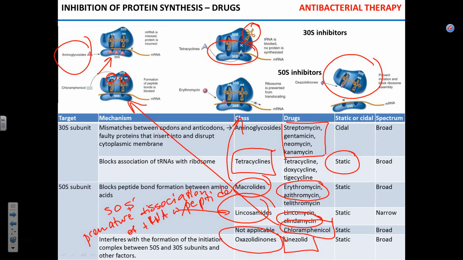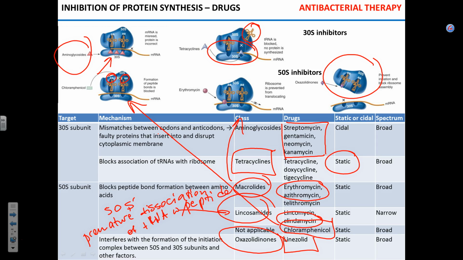Binding to the 30S subunit and preventing binding of incoming tRNA. That is right. So you have to match the drug and the described mechanism in the question on the exam for each class of a drug.